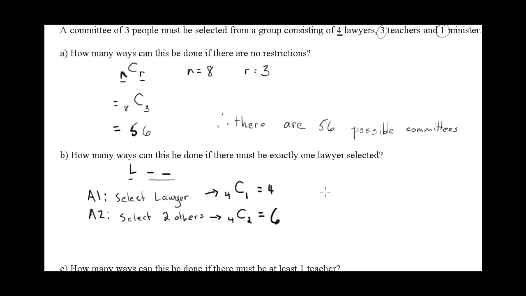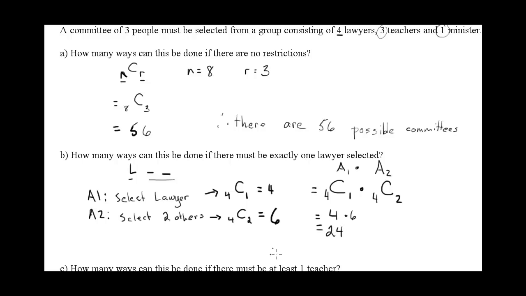So the total would be action 1 times action 2. Right? So 4C1 times 4C2, which is 4 times 6, which is 24.